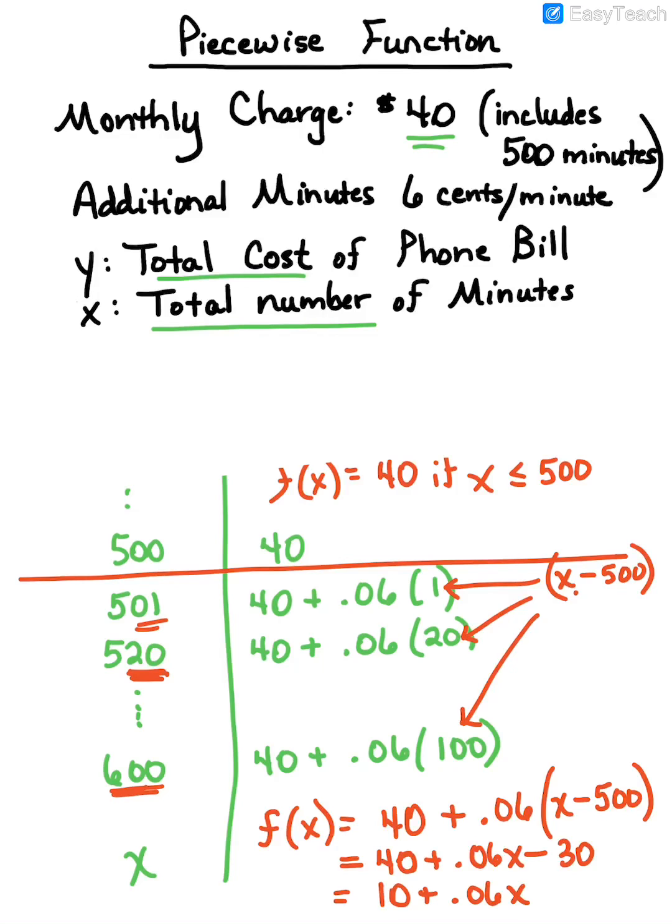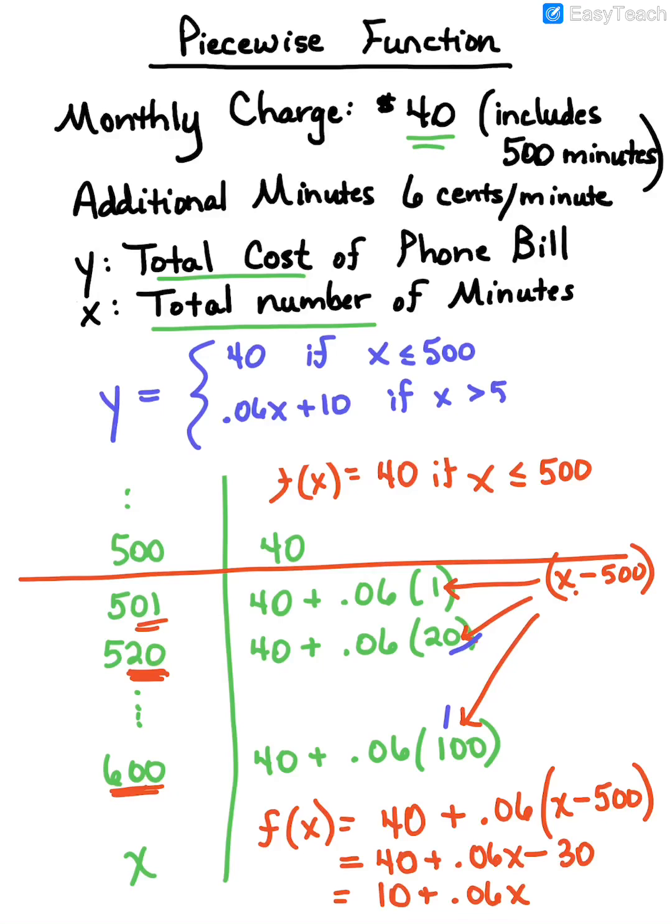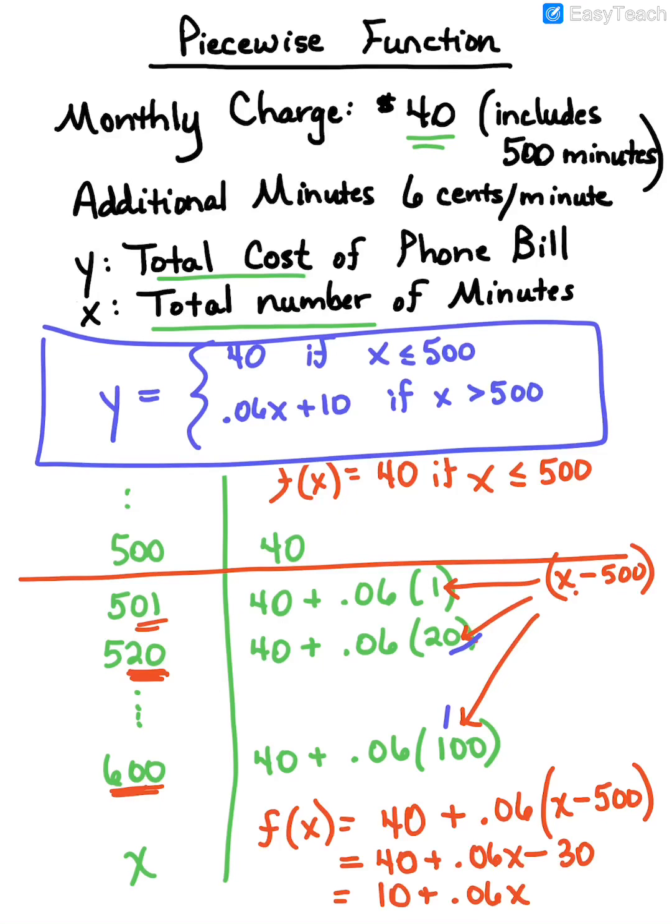So when I look at writing that particular cost function, I'm going to say the cost, which I guess I could call it y or f of x, the cost is going to be $40 if my x value is less than or equal to 500 minutes, and then it's going to be 0.06x plus 10, or you could say 10 plus 0.06x, anytime the number of minutes is greater than 500. So that is what the piecewise function actually looks like in that case.